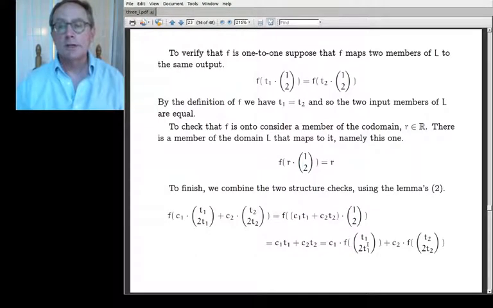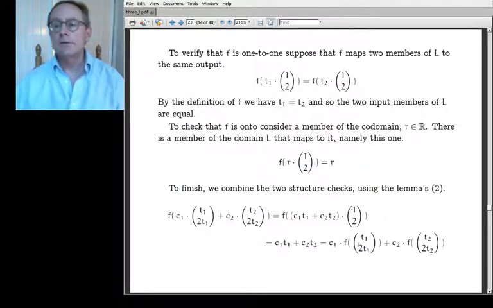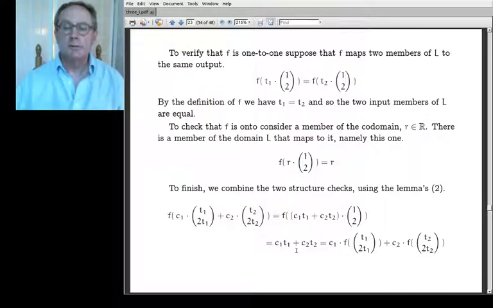Whoops. Preservation of combinations is just as routine. To show that f of a combination is the combination of the f's is just the kind of algebra that we've been doing. You bring out the (1, 2)'s, f applied simply strips out the (1, 2), and there you are.